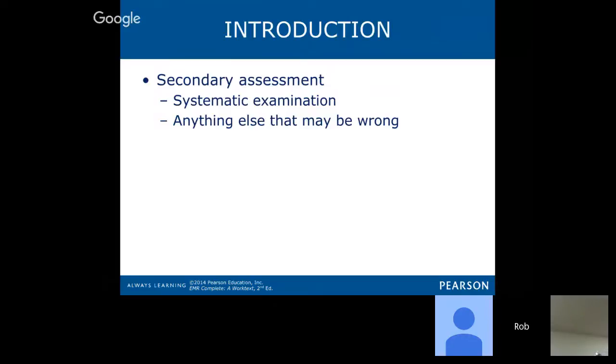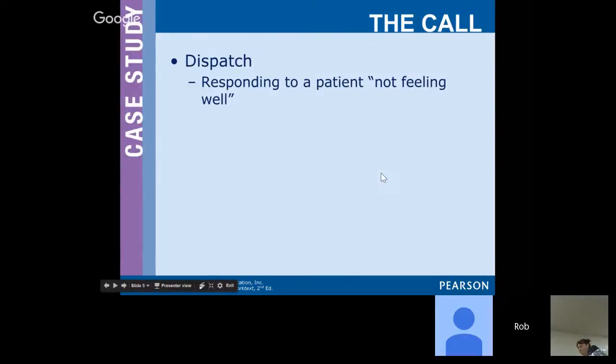So, all right. The systematic examination. For trauma, you're going to do your head-to-toe assessment. And for your medical, you're going to do a detailed physical exam. So let's say they're doing chest pain, you're going to gear your assessment towards that chest pain. Dispatch.